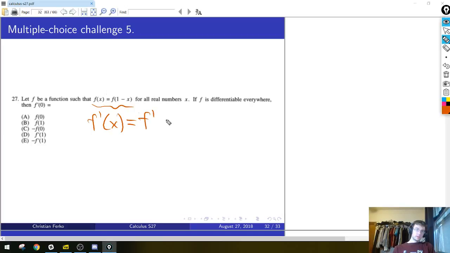Yeah, so this, and then what else? Chain rule. You automatically applied the chain rule for me, so that's going to be minus 1. Minus 1. Okay. Now we're asked about f prime of 0, so what do I do now?